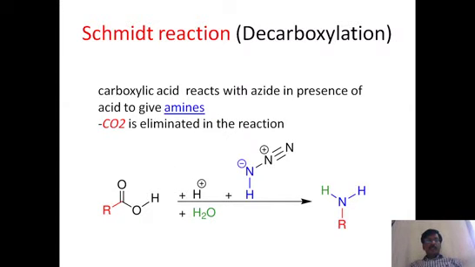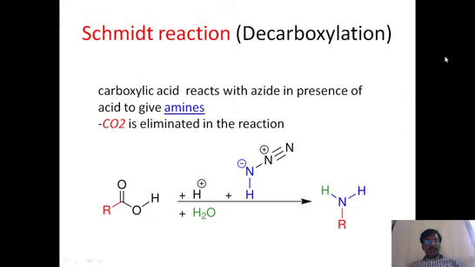Schmidt reaction is also a very important name reaction. Here also the process is decarboxylation, that is, carbon dioxide is eliminated. Now what is the reagent? What is the product? Here the reagent is azide and the product is a primary amine. Carbon dioxide is eliminated.